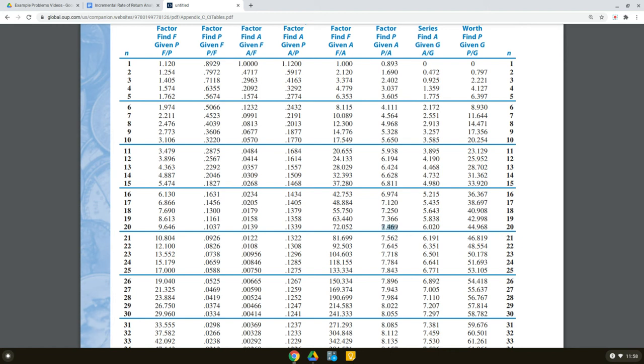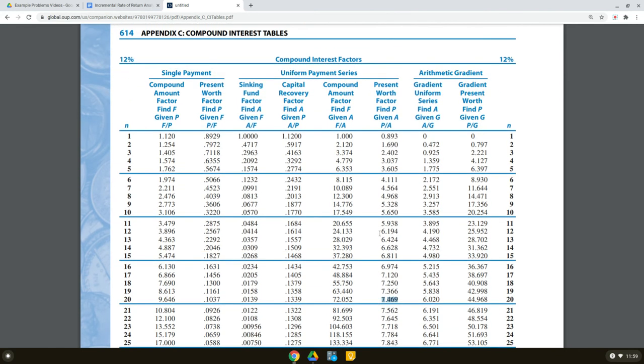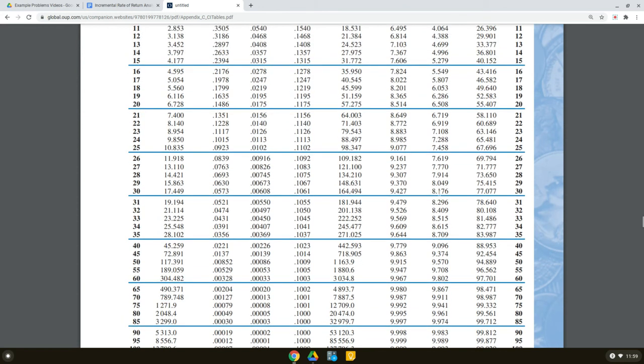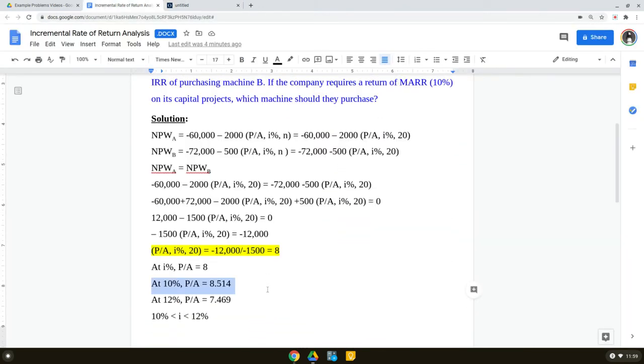So that means the interest rate should be between 10% and 12%, because the value of 8 is between 7.469 and here 8.514. So we write that down here, 12%.